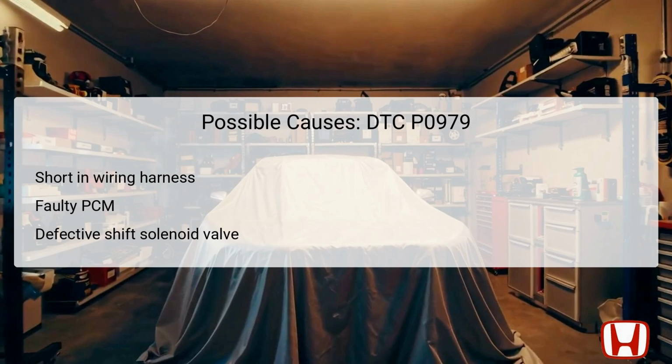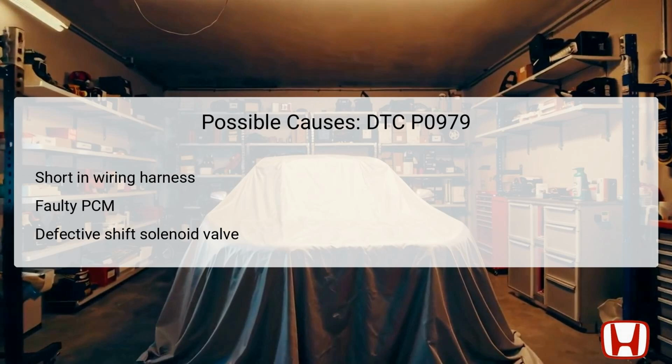Several possible causes can trigger DTC P0979, and identifying them is essential for resolution. First, there could be a short circuit within the wiring harness connecting the shift solenoid valve C to the powertrain control module, PCM. This can be due to wear and tear, corrosion, or physical damage. Second, a faulty PCM could misinterpret the signals from the shift solenoid, erroneously triggering the fault code.